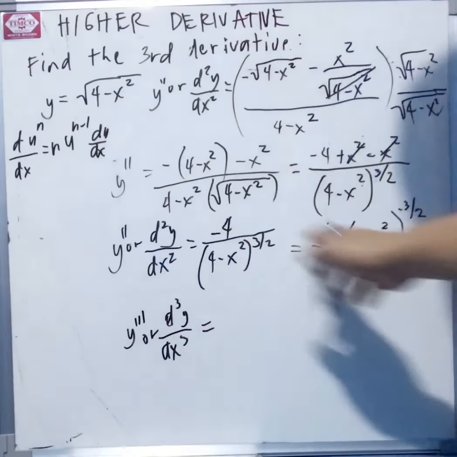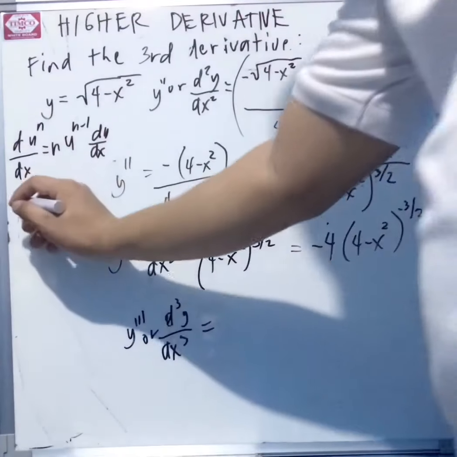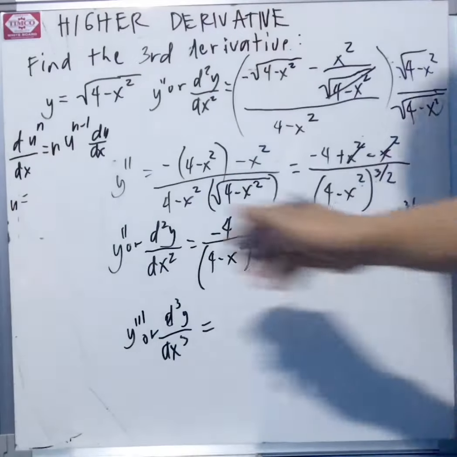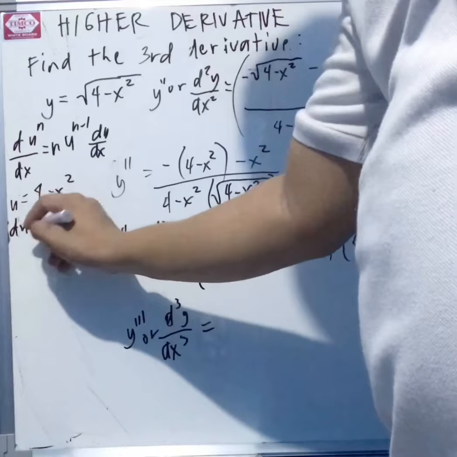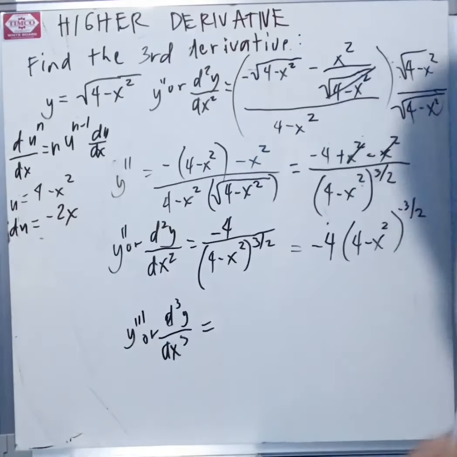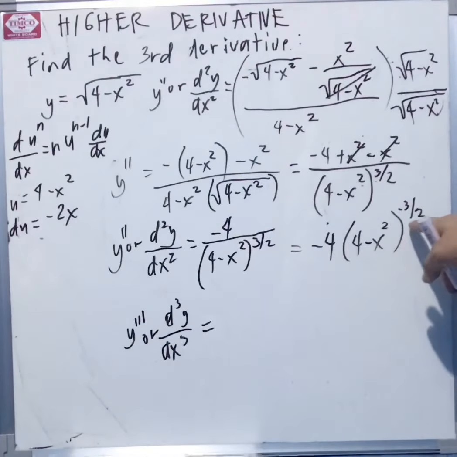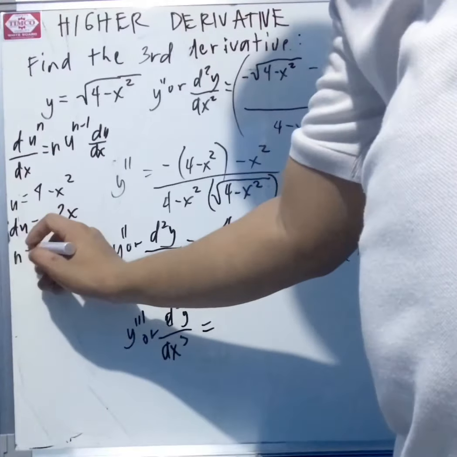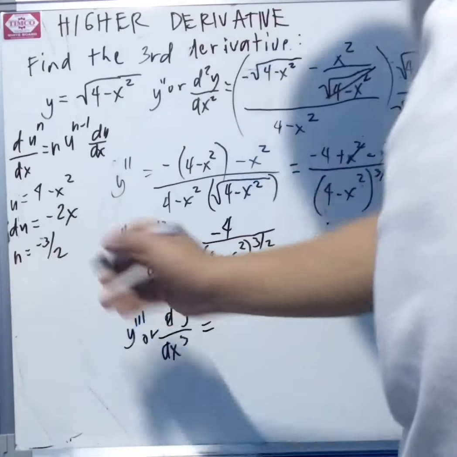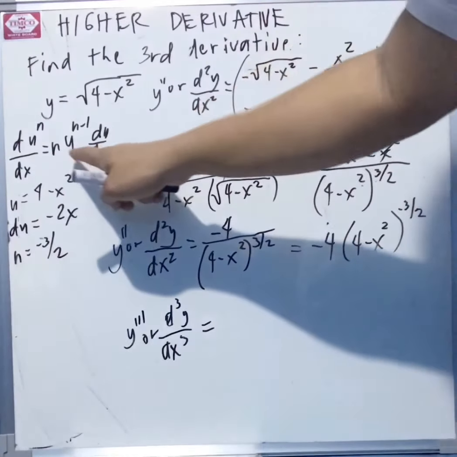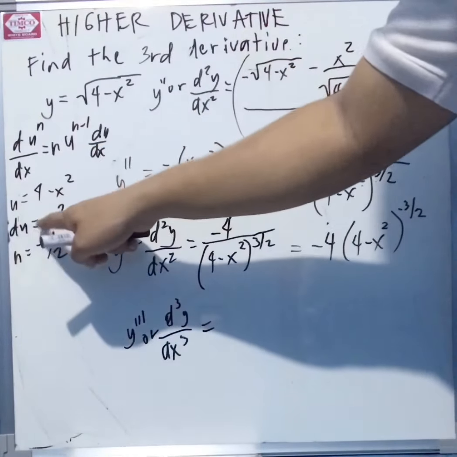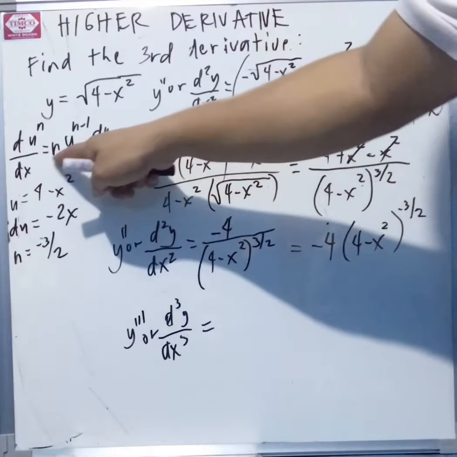Okay? Dito sa equation na to, ang u natin dyan is 4 minus x squared. Diba? And we have du is negative 2x. Ang n natin, ang n is negative 3 over 2. Okay? So, meron na tayong n, u, and du.